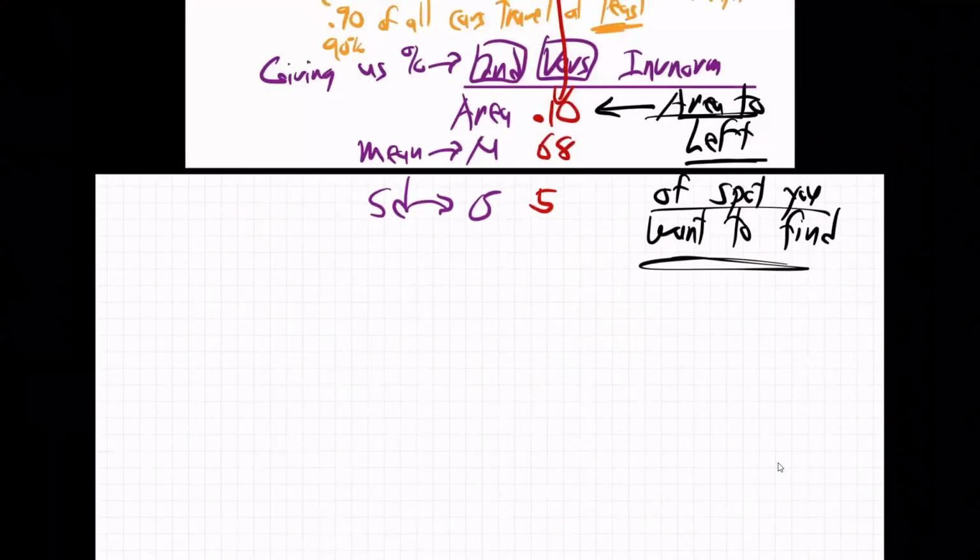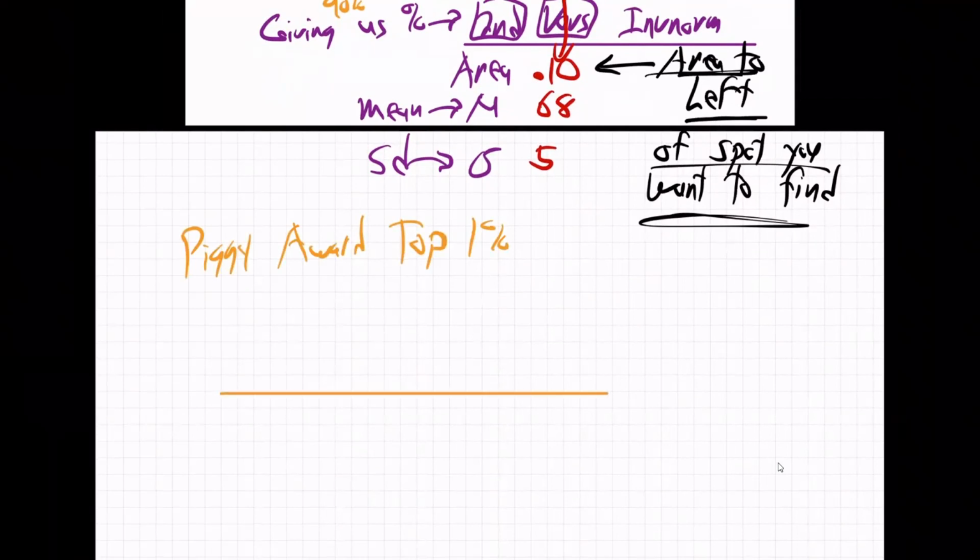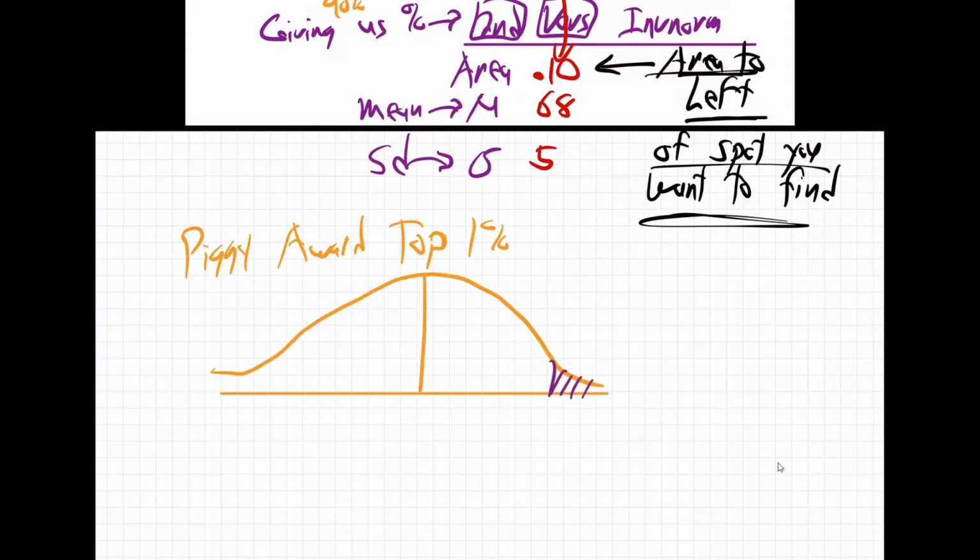Now, let me mention, there's another one just like this that mentions the Piggy Award. It's the top 1%, the real pigs that pig out and eat the top 1% of the food. Okay, think about what that would be. Well, if it's top 1%, then that'd be up here, right? 0.01, top 1%.